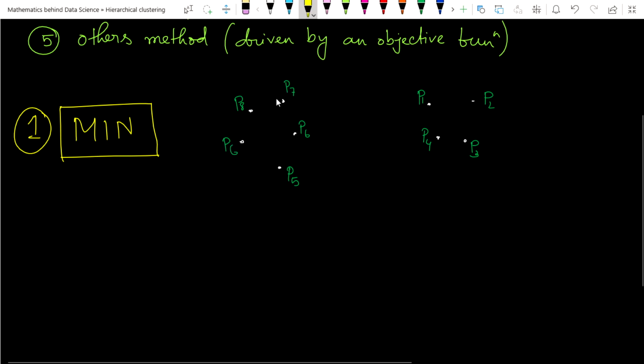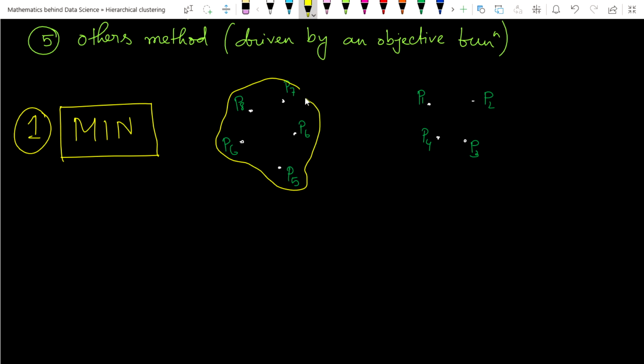Suppose after some calculations we make this a single cluster, and this is a single cluster. After some iterations we make this. At the end of these iterations, we have to calculate this distance value, meaning this proximity value.